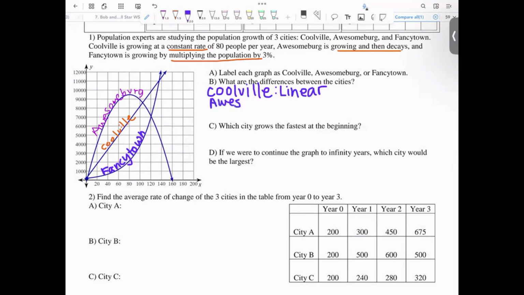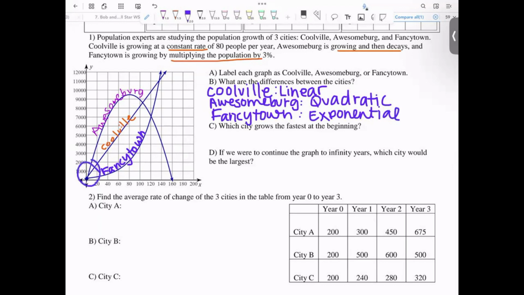Awesomeburg is quadratic. And Fancytown is exponential. Right, which city grows the fastest at the beginning?